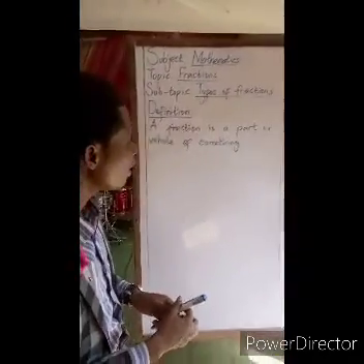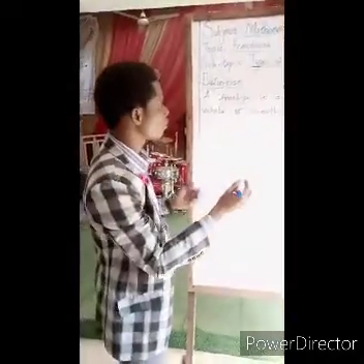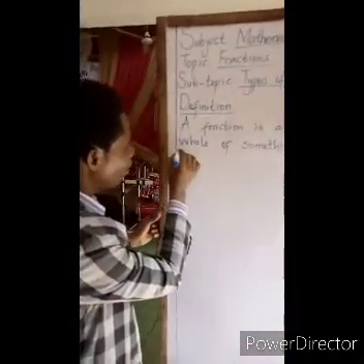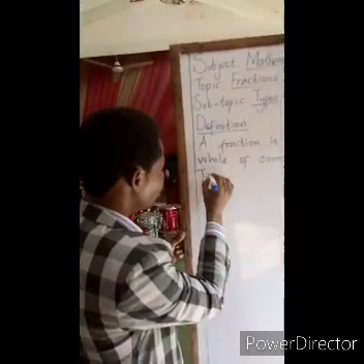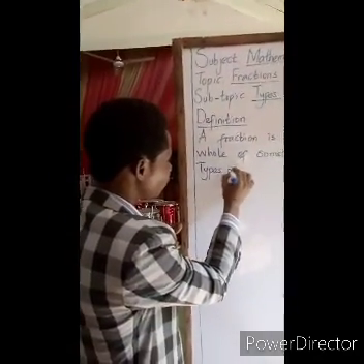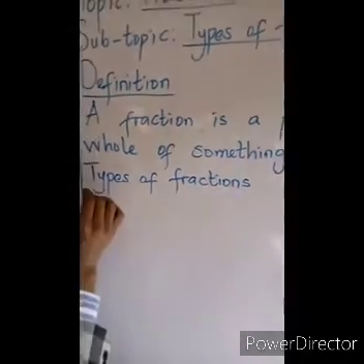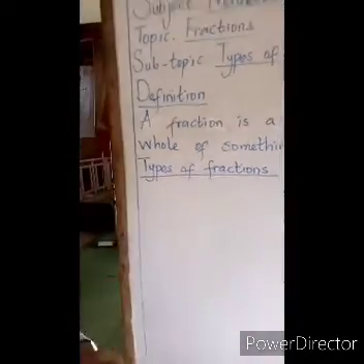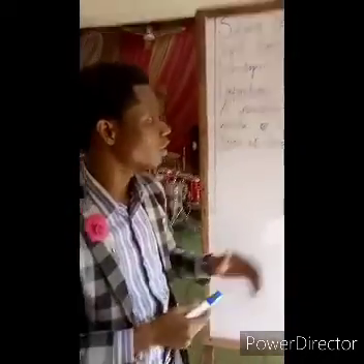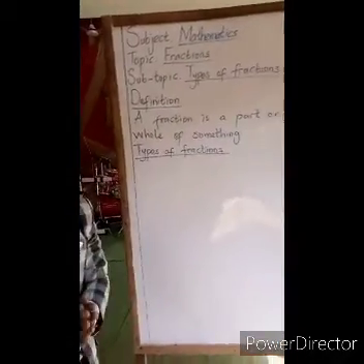Now, let's go to types of fractions, which is the subtopic in our main topic, fraction. We have learned the meaning of fraction, that a fraction is a part or whole of something. That's the definition.